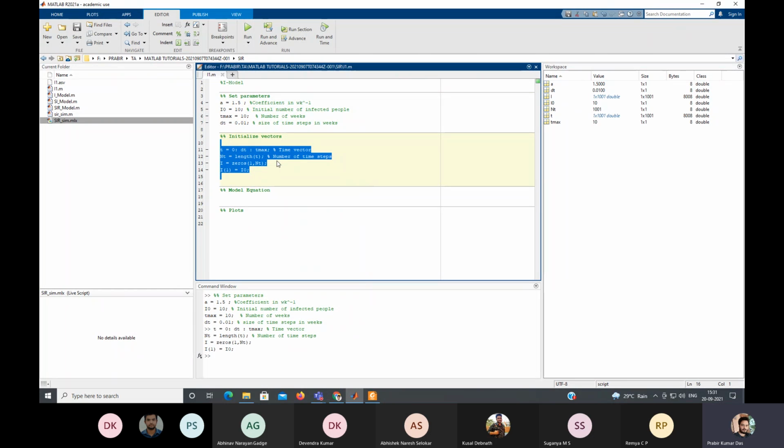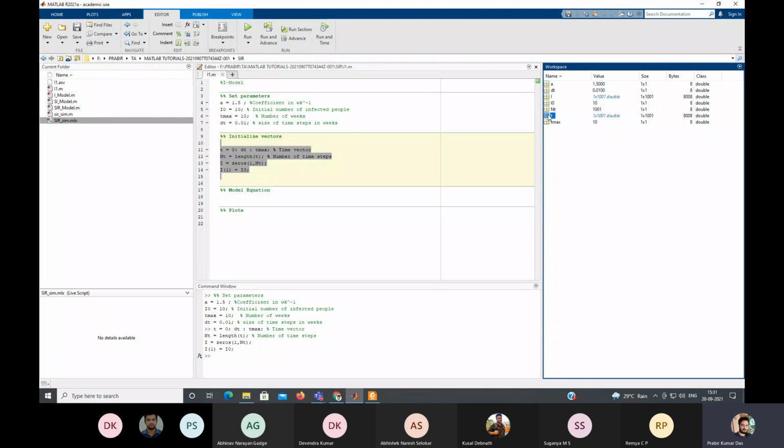Then we initialize our values. Here the A value is initialized as 1.5, I0 is 10, and T, you can see what T is. T is basically one vector, of size 1 by 1001. And NT is the number of steps.